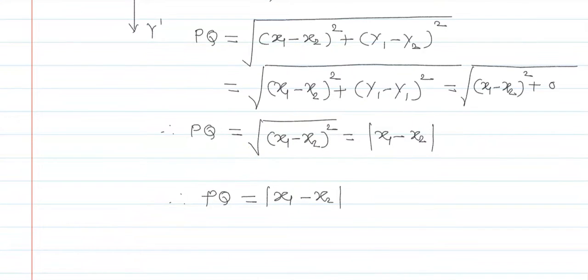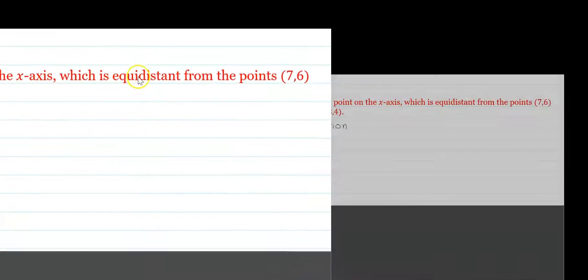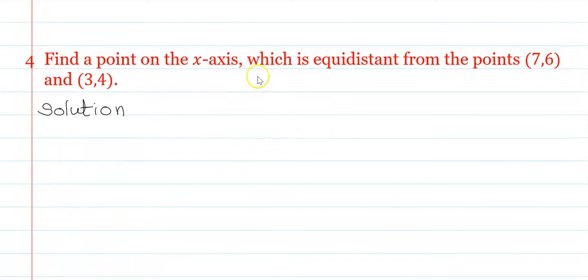Now the next problem. Find a point on the x-axis which is equidistant from the points (7, 6) and (3, 4).